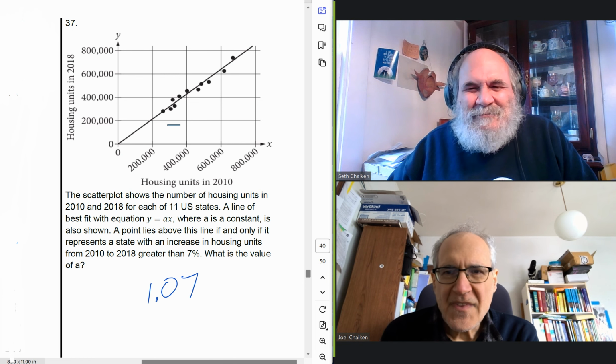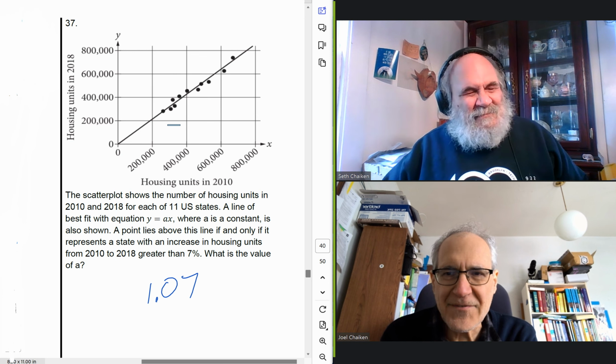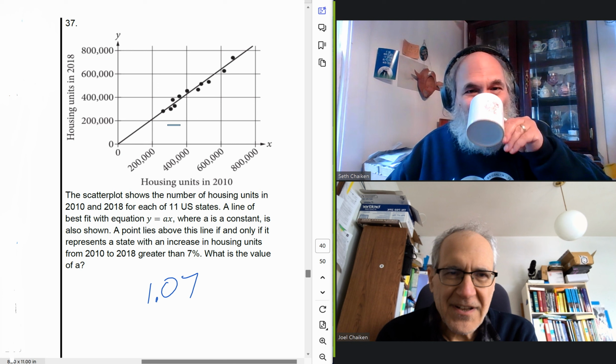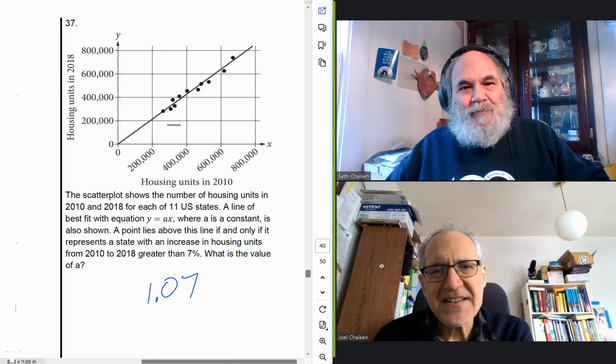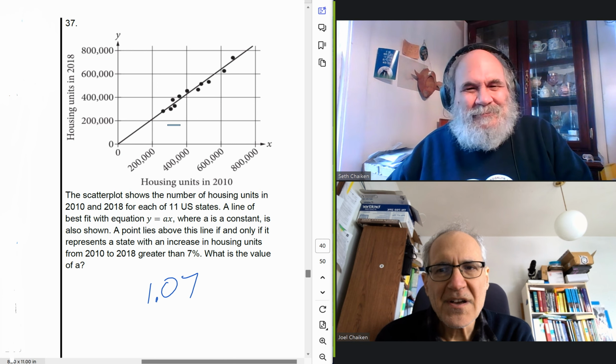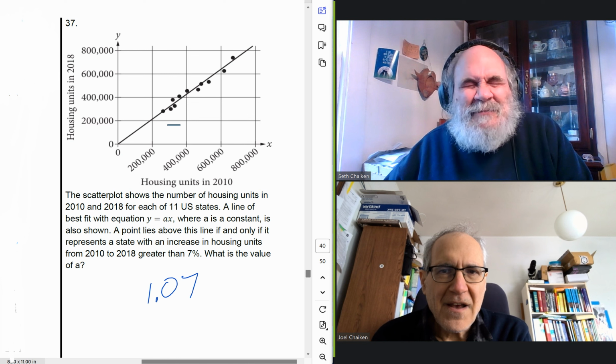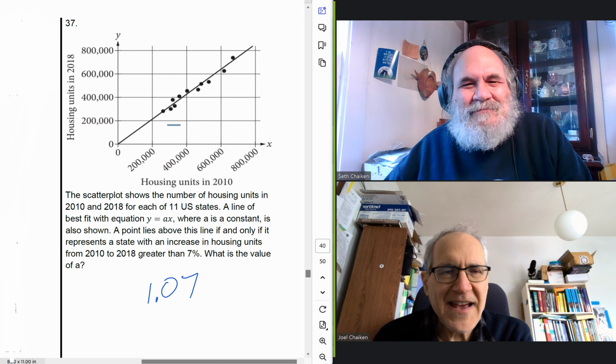Oh, I see. So in other words, there's 7% more. Generally, on average, there tends to be 7% more housing in 2018 than in 2010. And generally that's pretty constant and doesn't depend on the housing units.